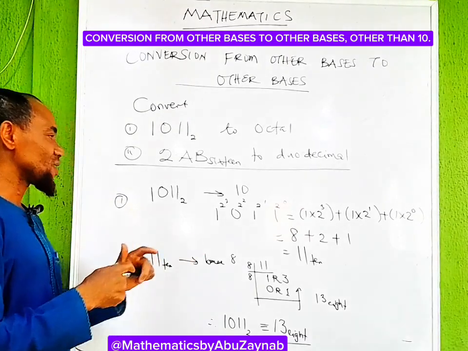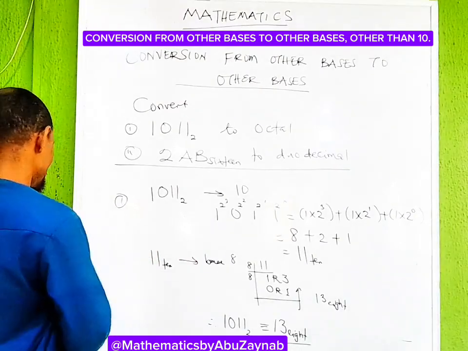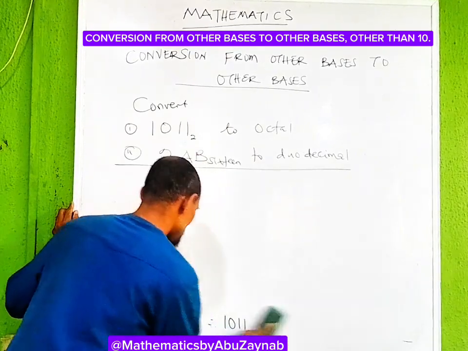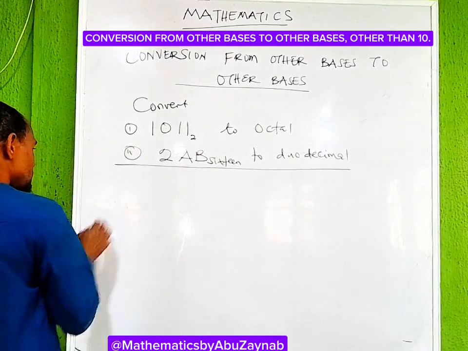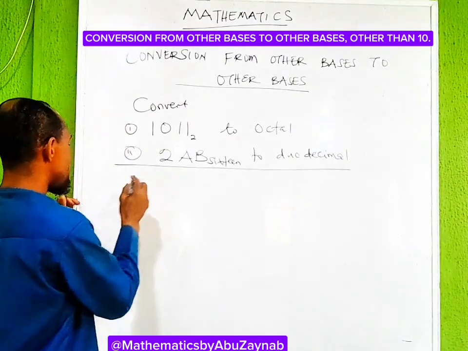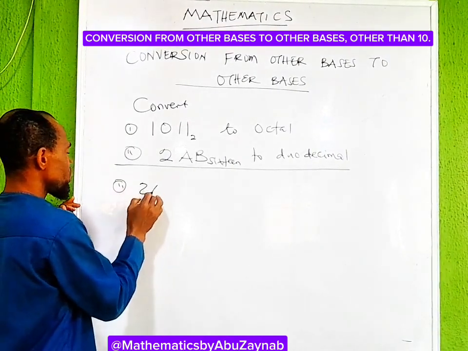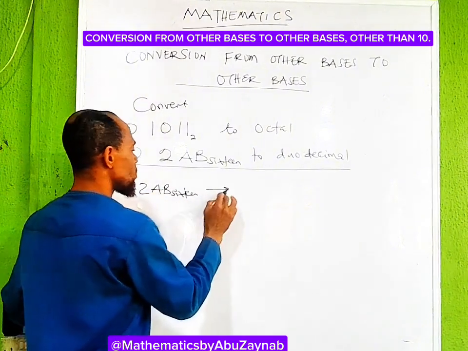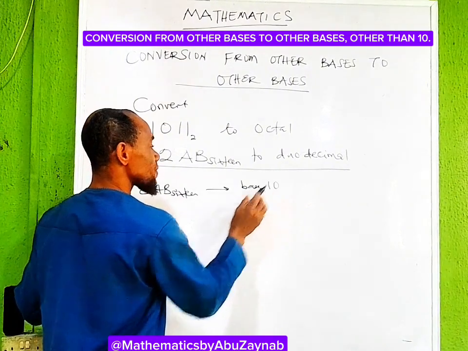Let's now take the second example to see how it pans out. Now, the second example is pretty much the same idea. We first take 2AB in base 16 to base 10. That's the first leg.